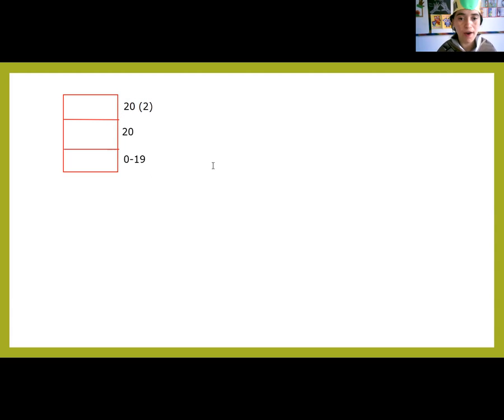Now I'm going to explain why 20 is a dot and a shell. Look here, I have the 2 levels. Here is 0 to 19. So how many in here is 20? One dot is going to be 20.